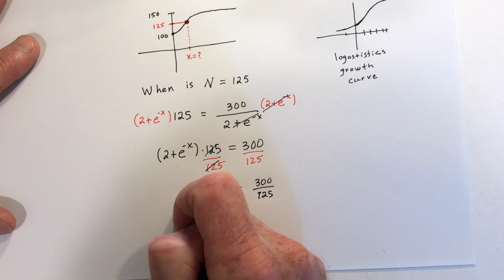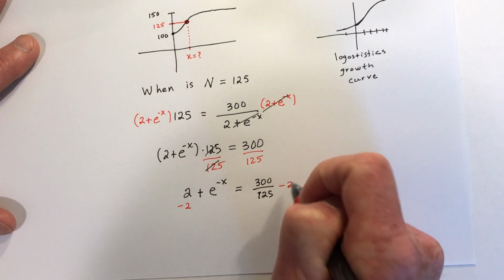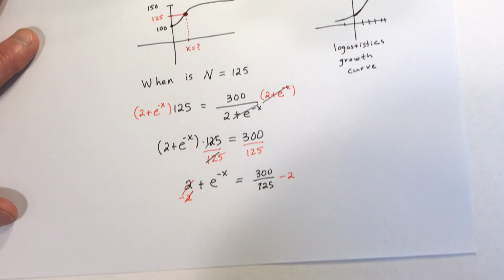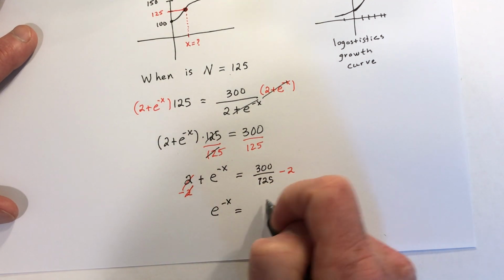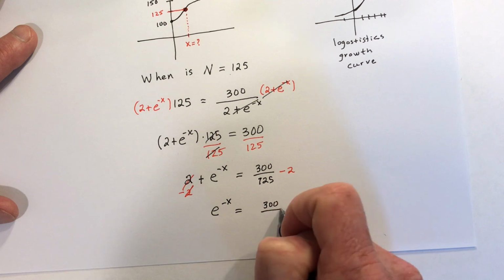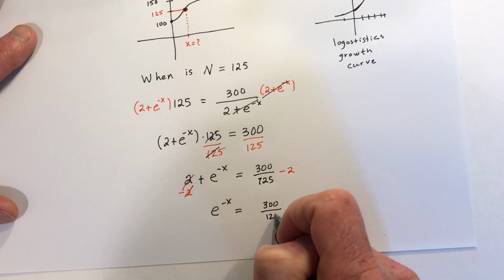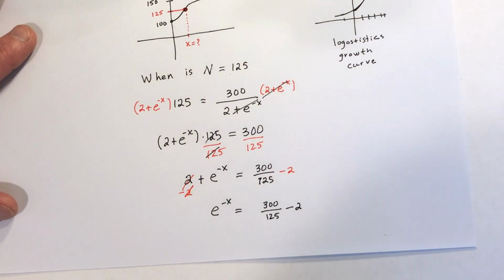And then subtract 2 from both sides. So then I have e to the negative x equals 300 divided by 125, and then subtract 2.